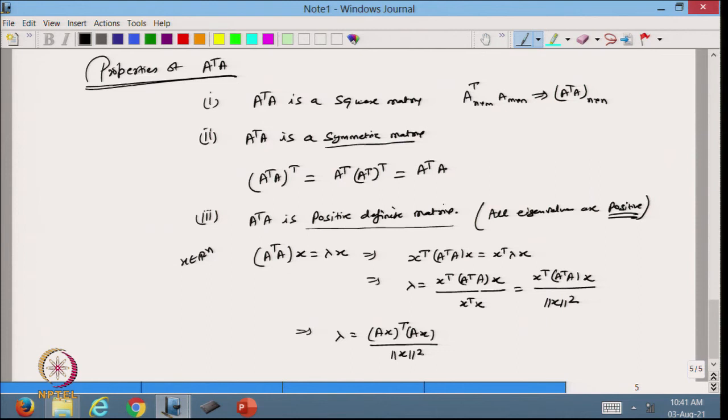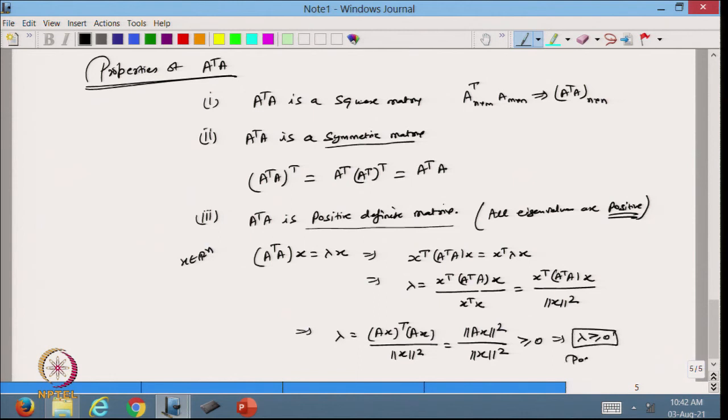Now we know that Ax is again a vector, so this can be written as the magnitude squared of Ax, which is the norm squared, and this is always greater than or equal to 0. So from here you can see that lambda is always greater than or equal to 0.